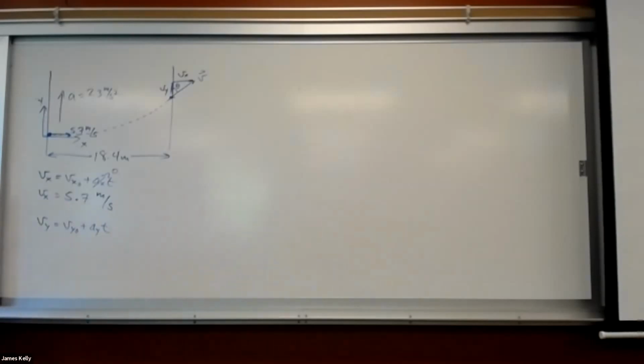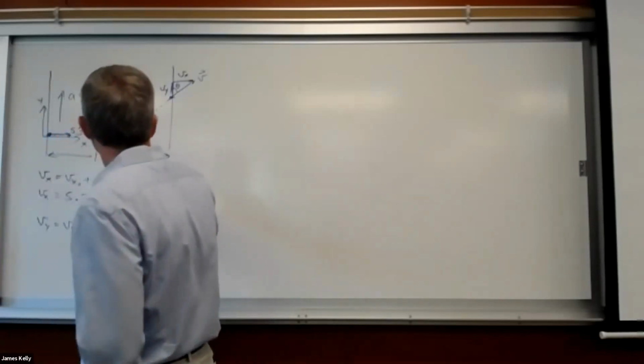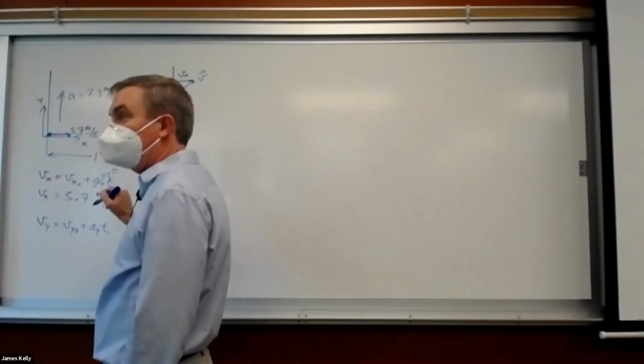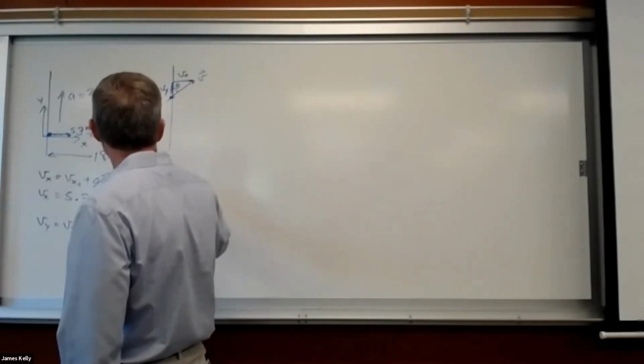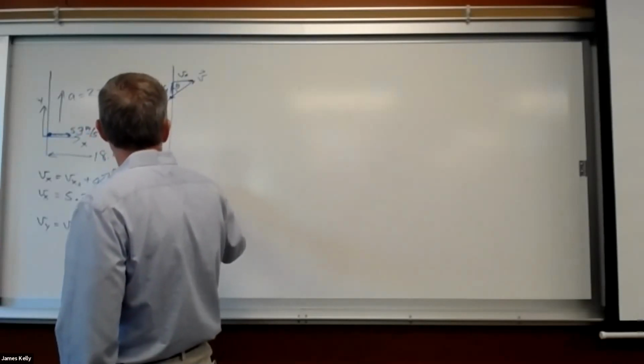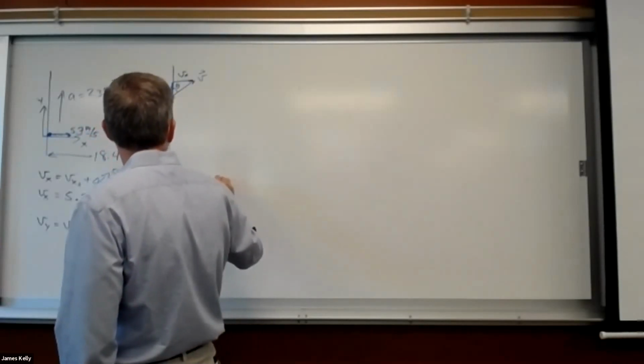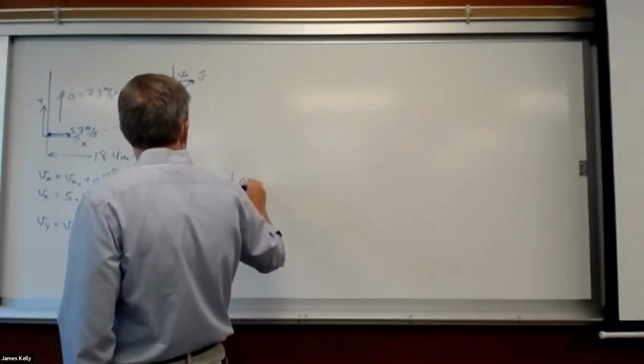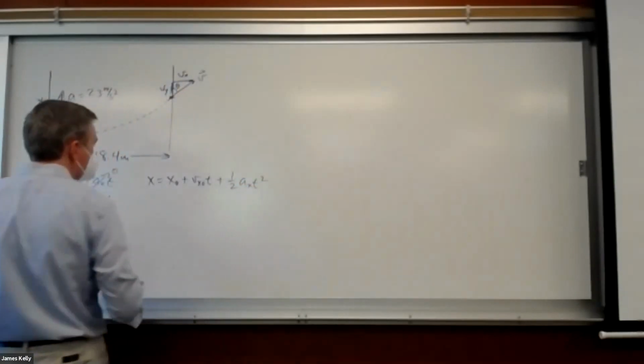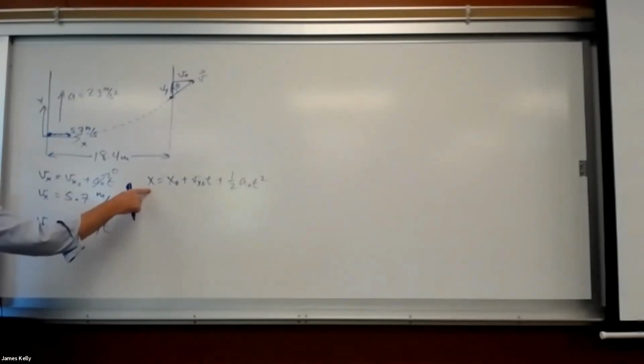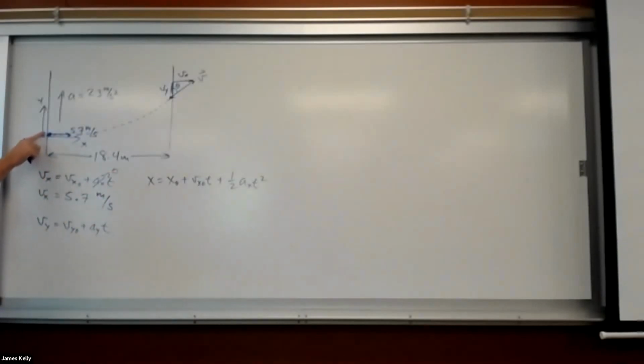I can't remember what the second one is, but I would use the x versus t equation, whatever one you think that is. X equals x0 plus vx0 t plus 1/2 ax t squared. So if I take my origin to be right here, I didn't do a very nice job of doing that, but let's take x equals 0 to be at the left wall.